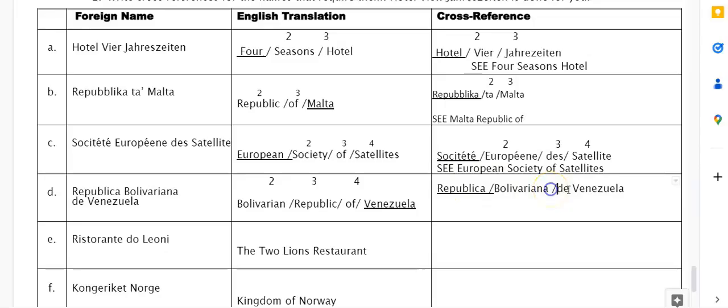Bolivariana is 2, De is unit 3, and Venezuela is unit 4. And so my C notation would be C, Venezuela, Bolivarian Republic of.